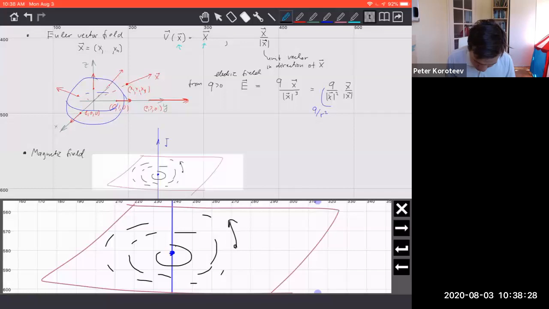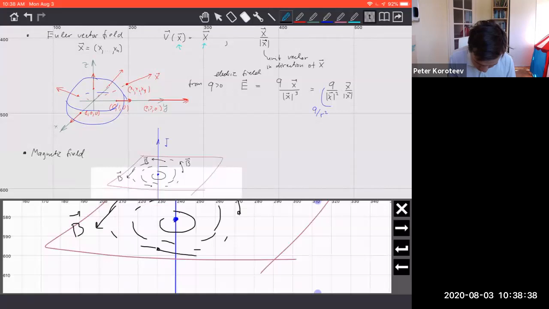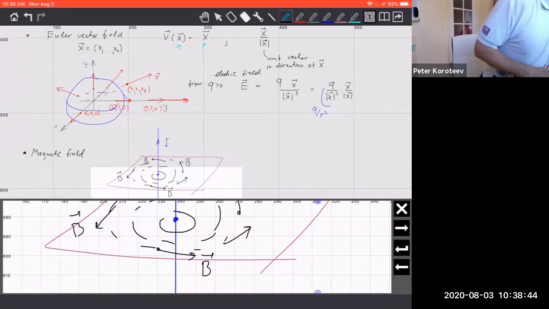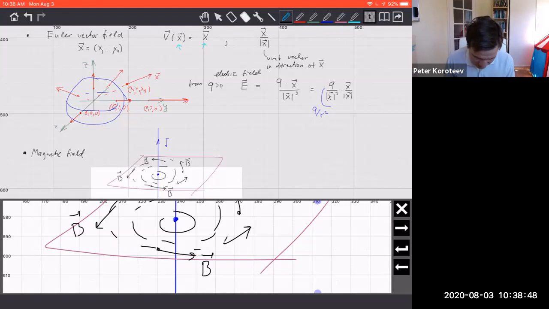The magnetic field B will look like this, right? So it will be directed along the tangent lines to the circles.